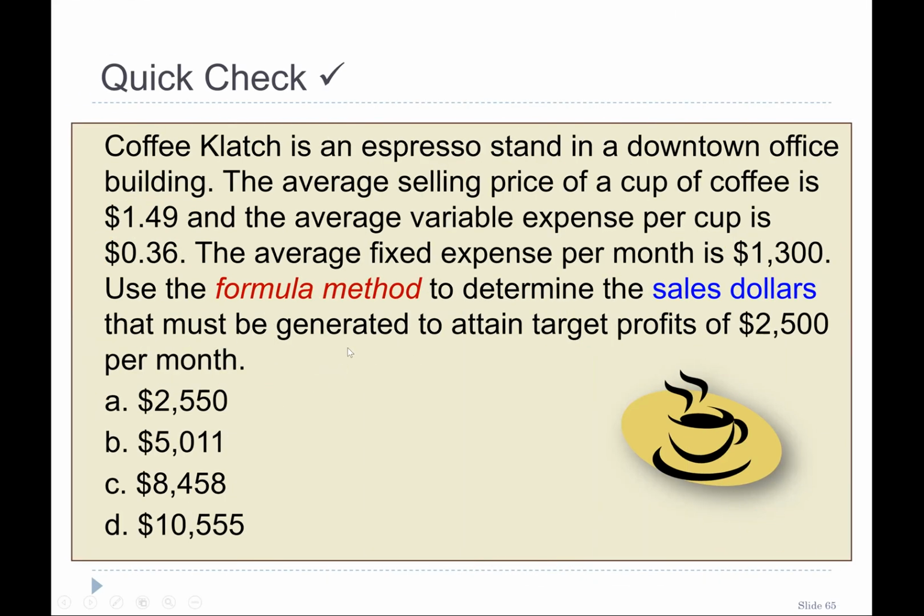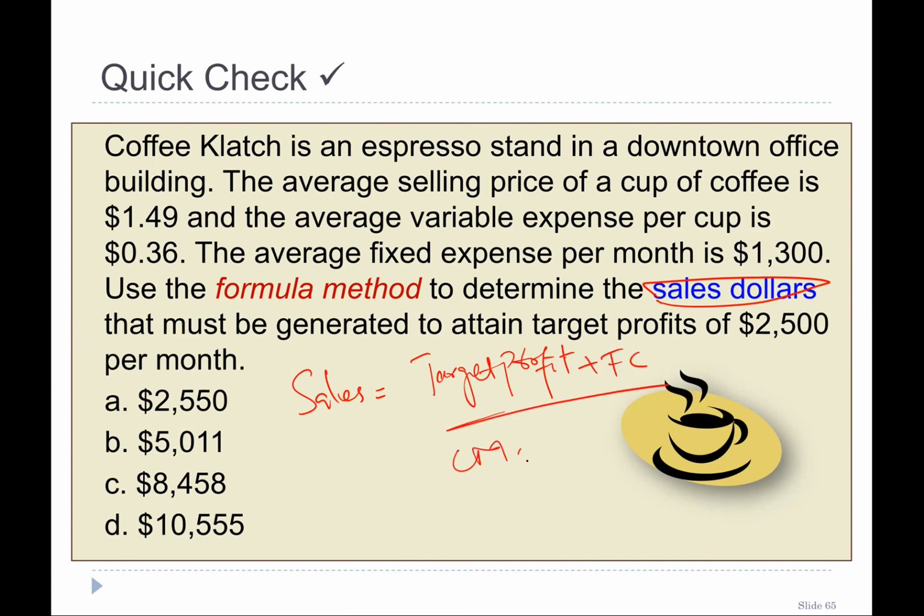And now for the formula method, what we need to find out here is dollar sales. Then the formula will become sales is equal to target profit plus fixed cost divided by now the CM ratio.